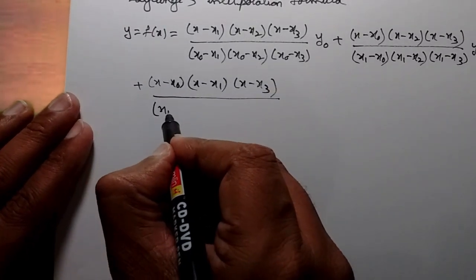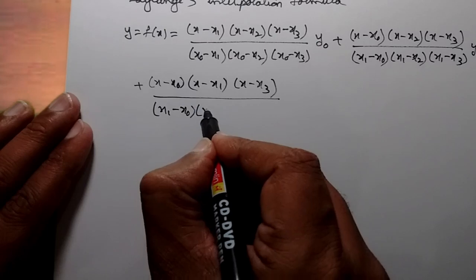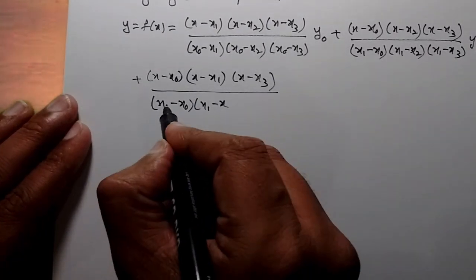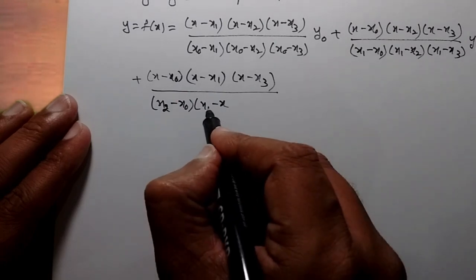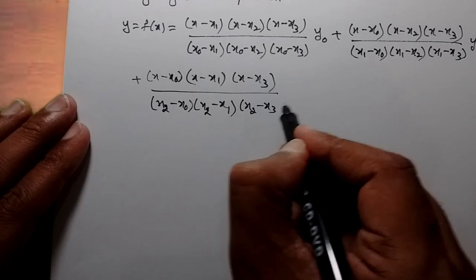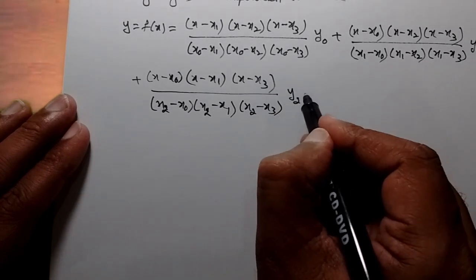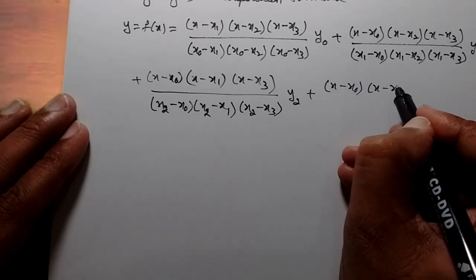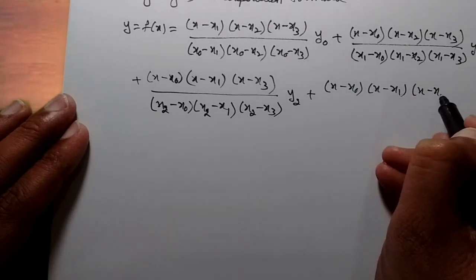Here x2 is missing, so (x2 minus x0)(x2 minus x1)(x2 minus x3), times the corresponding value y2. Then (x minus x0)(x minus x1)(x minus x2).